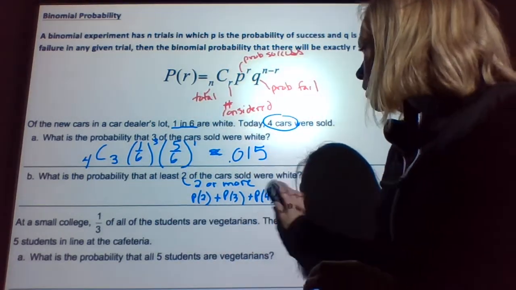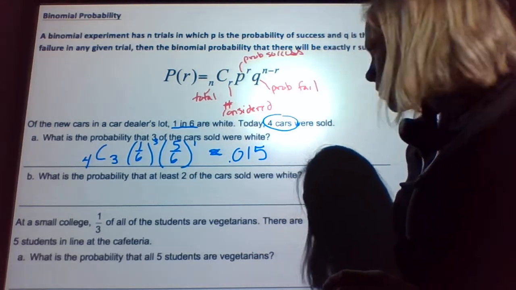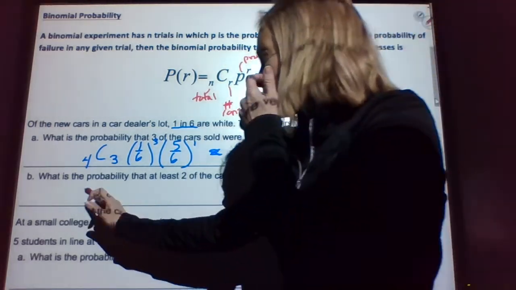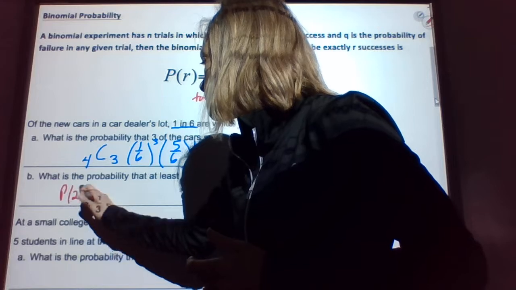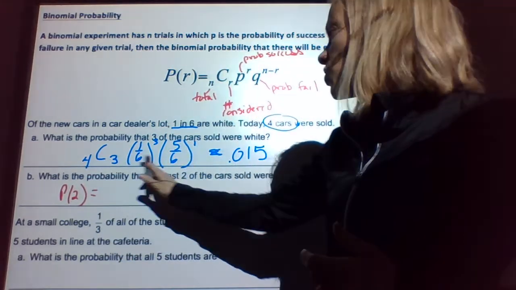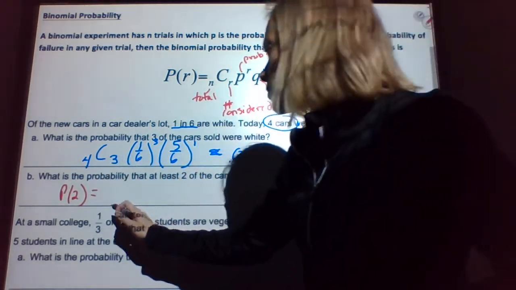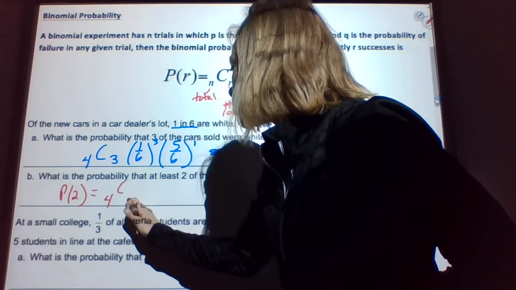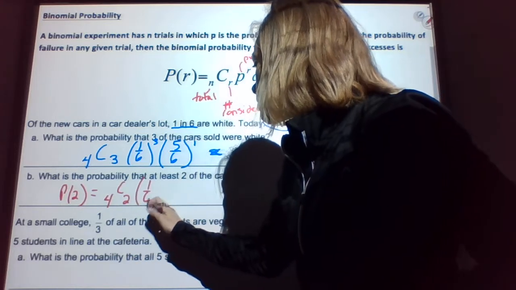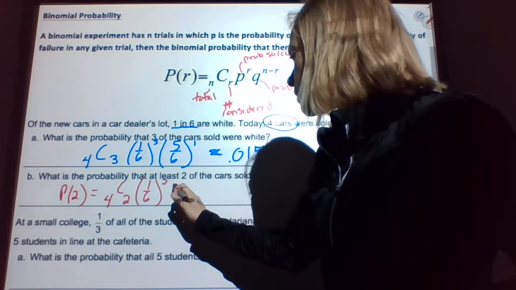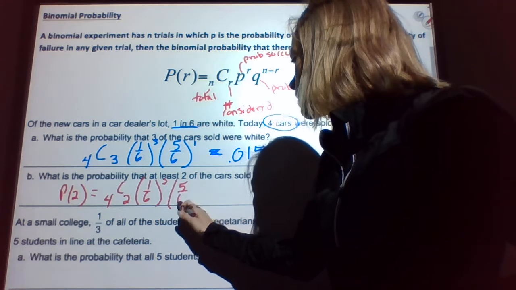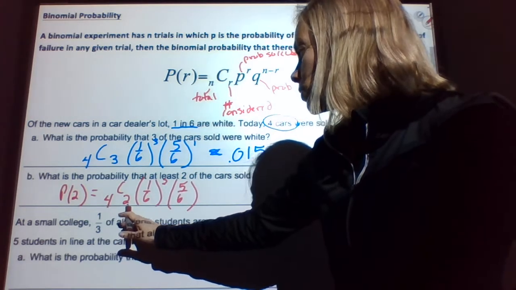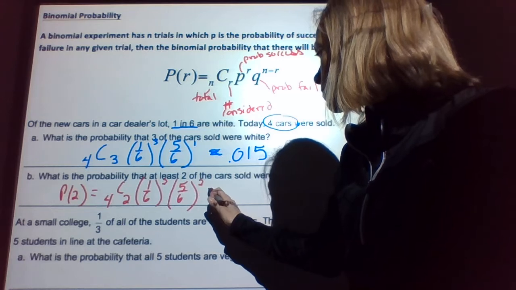I already have the probability of 3, so I'm going to do the probability of 2, which is the same thing, I'm just changing r to 2. So I would have 4C2, 1/6 to the second now, 5/6 to the n minus r, which would be 4 minus 2, is 2.